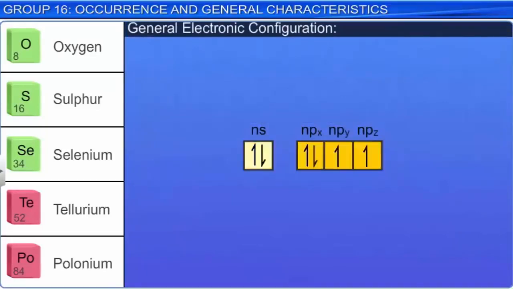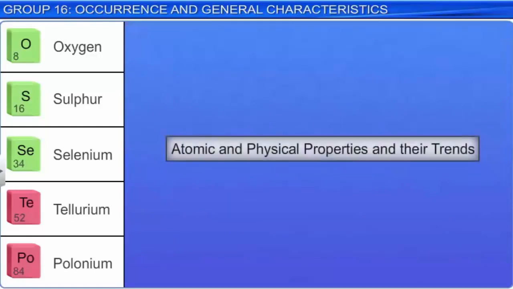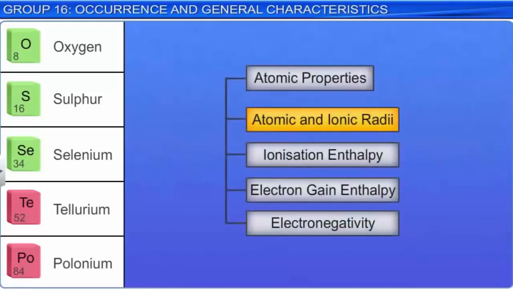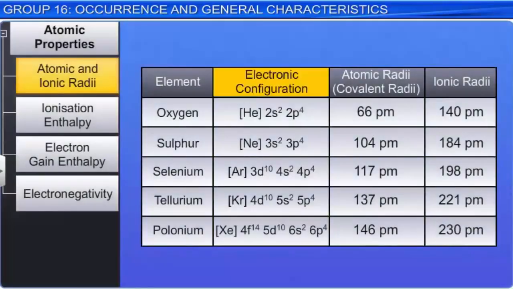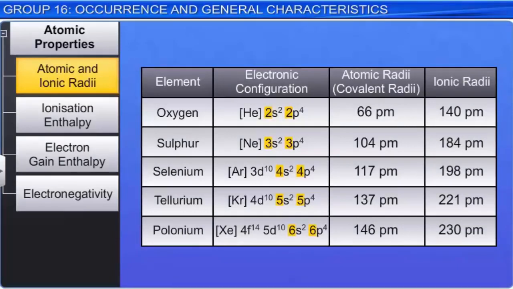Now, let's look at the atomic and physical properties and their trends in these elements. Let's begin with the atomic and ionic radii of these elements. From the given electronic configuration, we observe that due to the addition of a new principal energy level in each element, the atomic and ionic radii increase from oxygen to polonium.